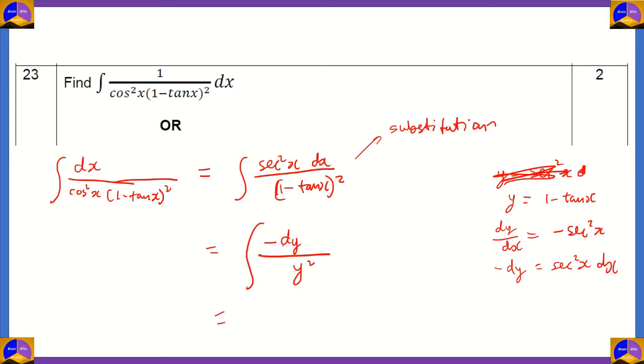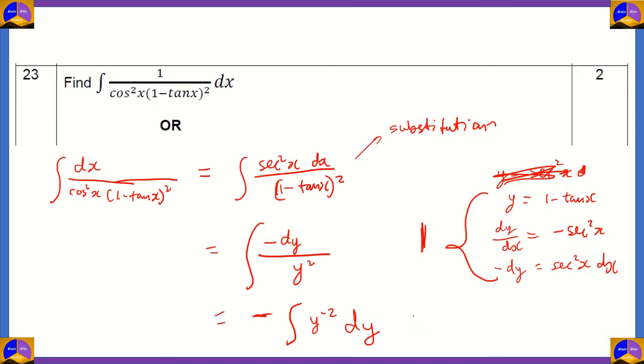Now the minus, since it's constant, is taken outside the integral, and inside the integral 1 by y squared becomes y raised to minus 2 dy. Now we've reached this step, and for all of this, differentiation and substitution, you get 1 mark.